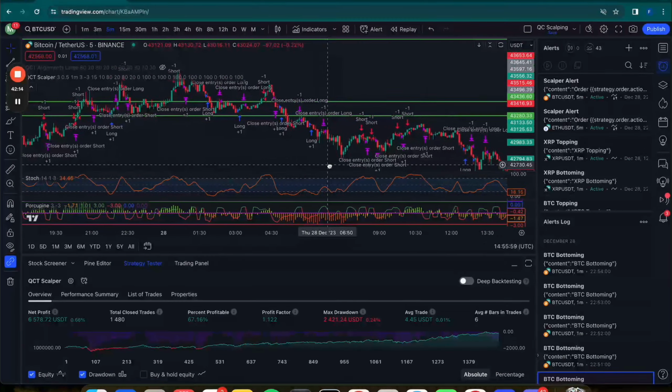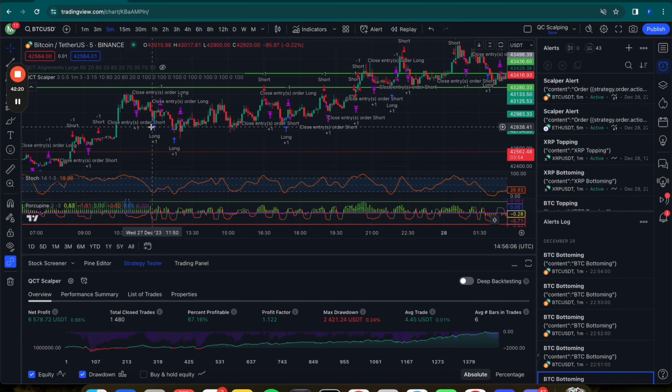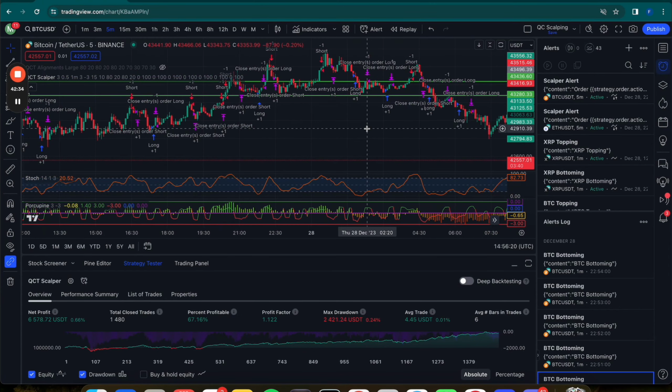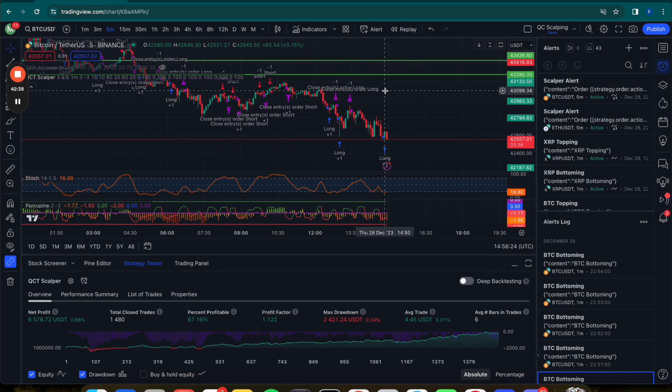Essentially the way it works is, again, it's looking at overlays on lower time frames, and as it's looking at overlays on the lower time frames, it calculates the probability of the trade working, and based on that it trades, and it exits based on stochastics overall, the score topping and bottoming out on very low time frames.